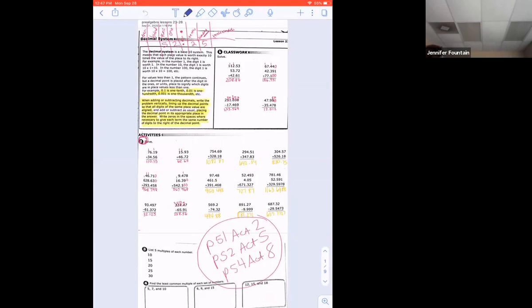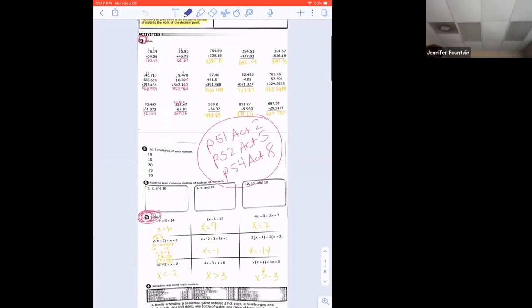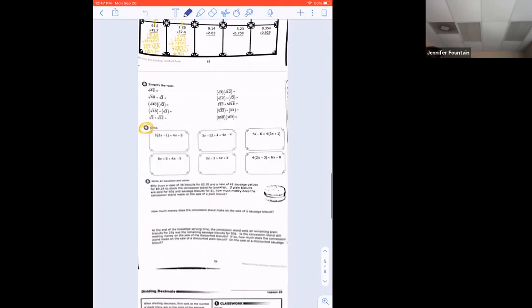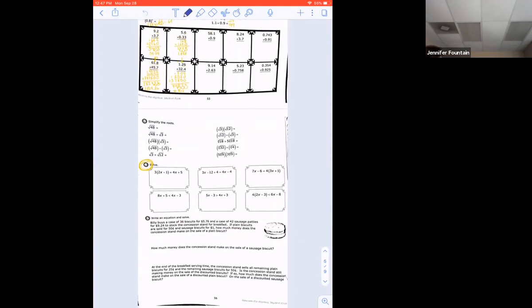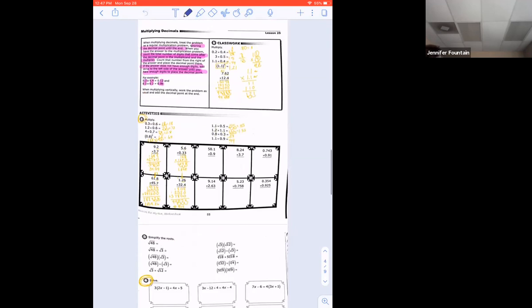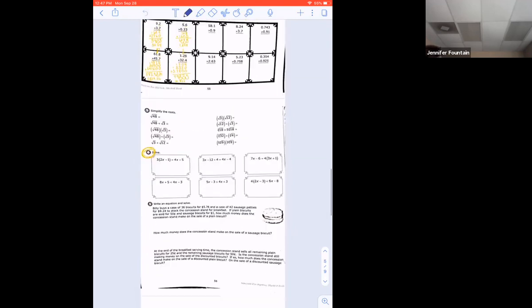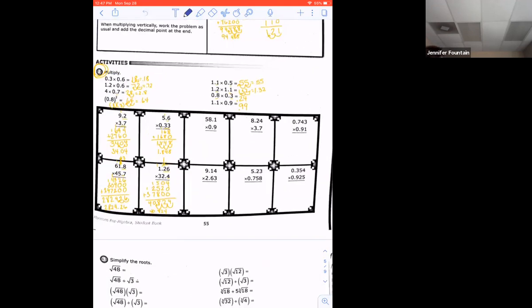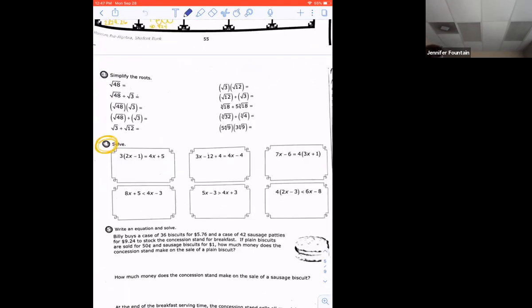We had page 51, activities 2. Is this right? 52 and 54, or was that our previous? Hold on. That was our previous one. So we had lesson 25. So we had to finish 55, and then we had activities 4 on 56.